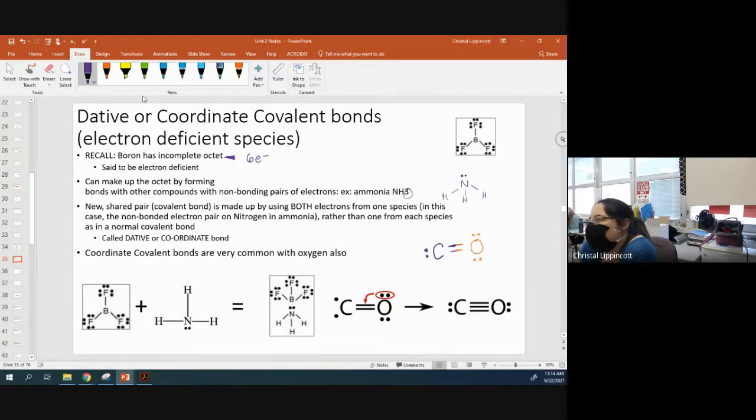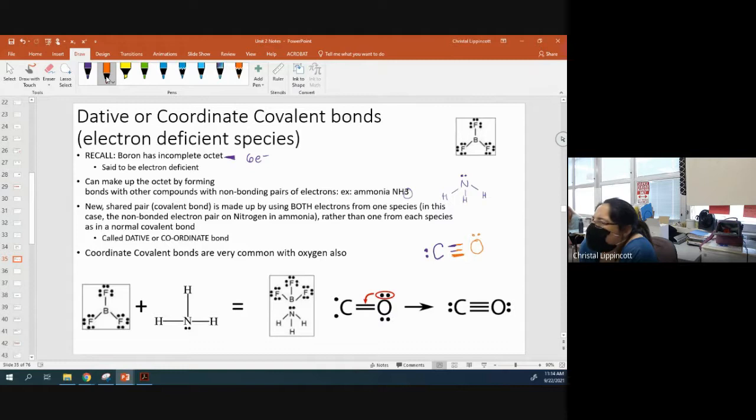But what I can do is take these 2 electrons here and bring them into the center. But where are those coming from? Those are both coming from the oxygen, right? Did you see how I pulled those electrons over?